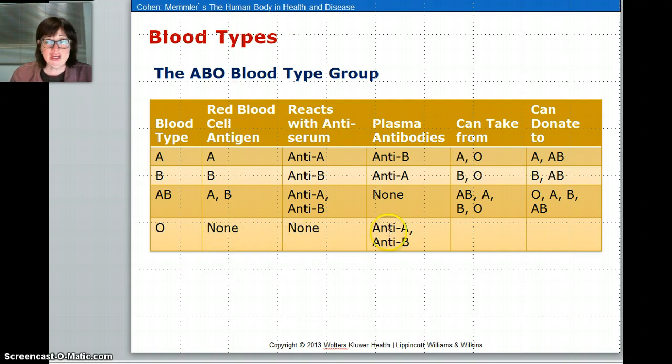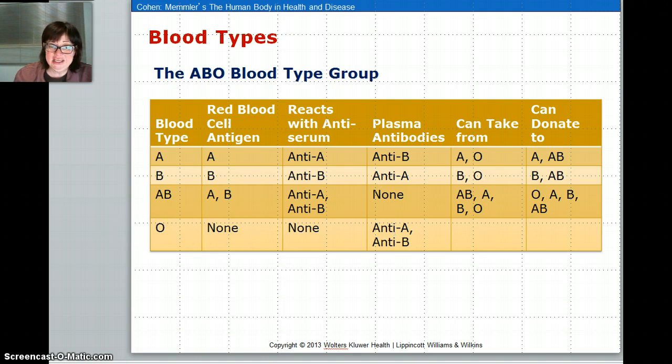However, O can only take O blood because they have anti-A antibodies, so they'll destroy A antigens on anyone's blood, and they have anti-B, so they'll destroy B antigens on anyone's blood. So it must be O.